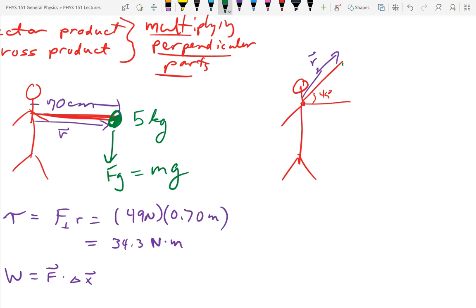I have the same force of gravity. What is the torque in this case? I need the perpendicular parts. How much of this radius is perpendicular to the force of gravity?